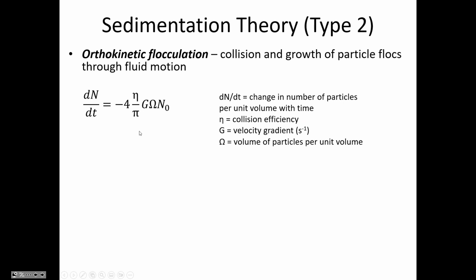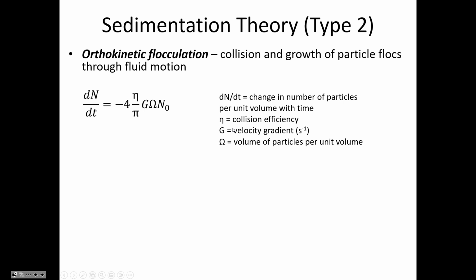You can see that the formula takes into account the velocity gradient, and you probably remember back to earlier in the course that we talked about mixing energy in flocculation basins. And so here it's not necessarily that we're artificially agitating the water, but the velocity gradient is maybe just related to Brownian motion, or the gravity of the particles downward can be moving the particles relative to the stationary fluid around it.